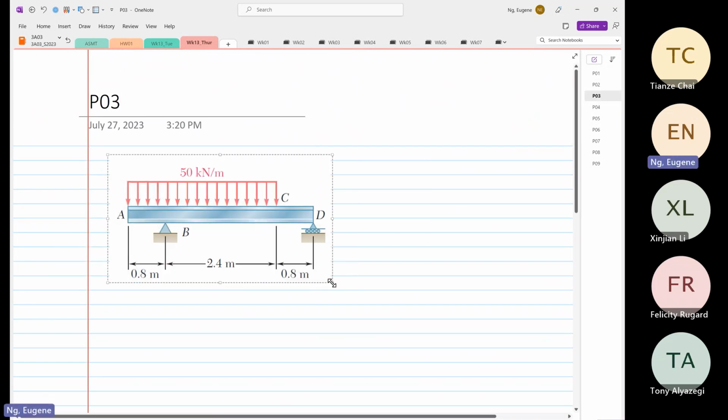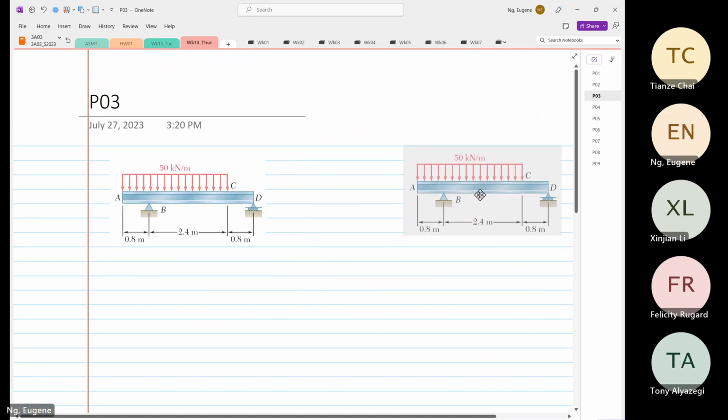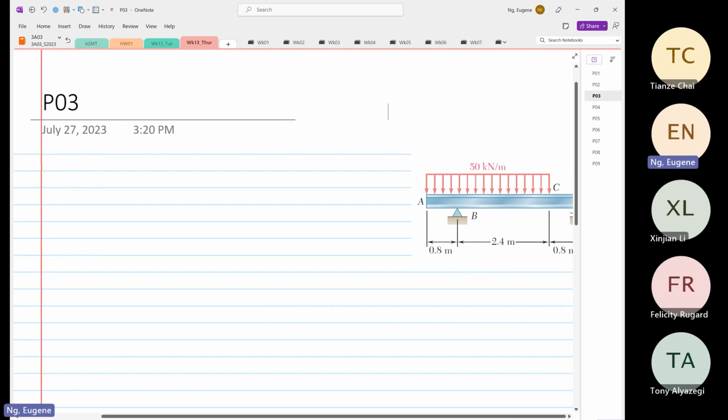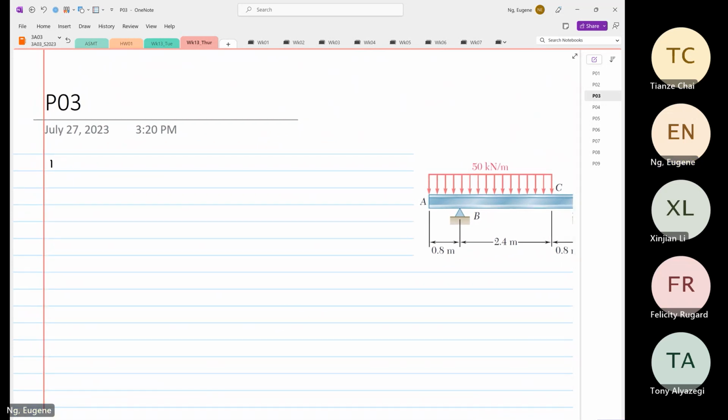So I will draw the diagram. From point B to point C, we know our limits is 0.8 to Z. So 0.8 plus 2.4 is 3.2. From here, again, we do the same thing.